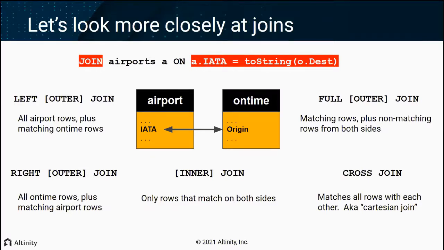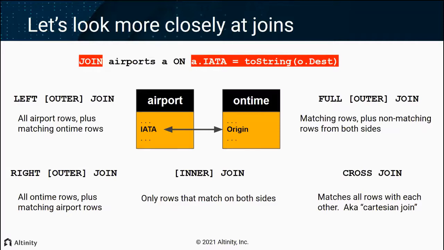If we do a left outer join, we're going to get all the airport rows plus any matching on-time rows. So even if there were an airport for which there were no flights, we would still see it. The full outer join, we're going to get everything: all the rows that match, plus airports that don't match and on-time rows that don't match. Inner join, that's the default. That's only the rows that match on both sides.